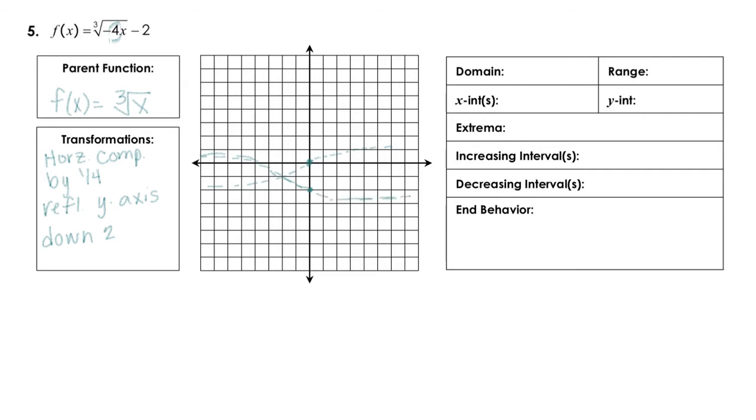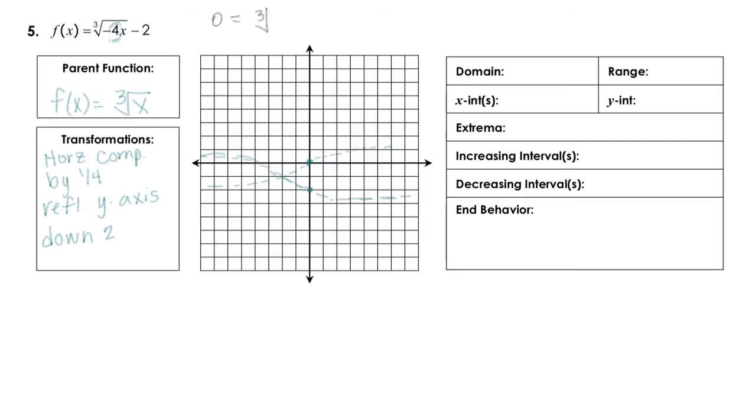Now let's see if we can find some good points for us to anchor this with. That might help. So let's talk about our x and y intercepts. Let's find those right quick. So if we go through and find the x-intercept, we're going to let f of x be 0.